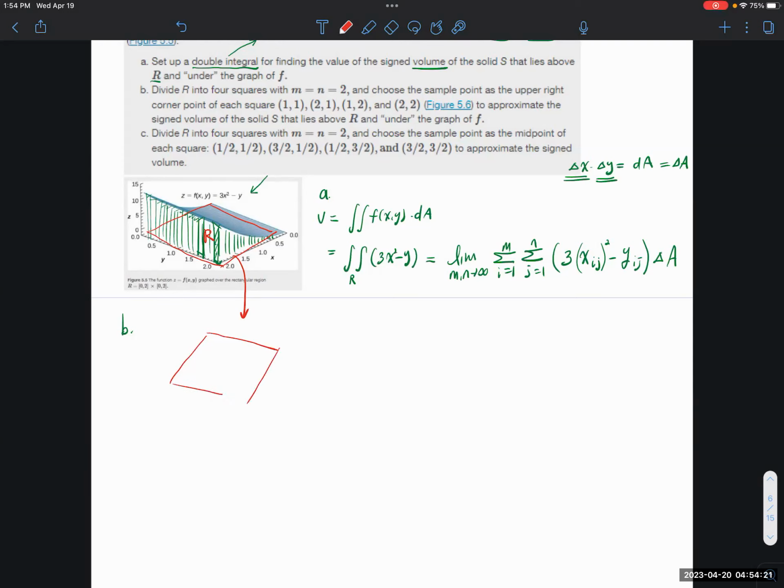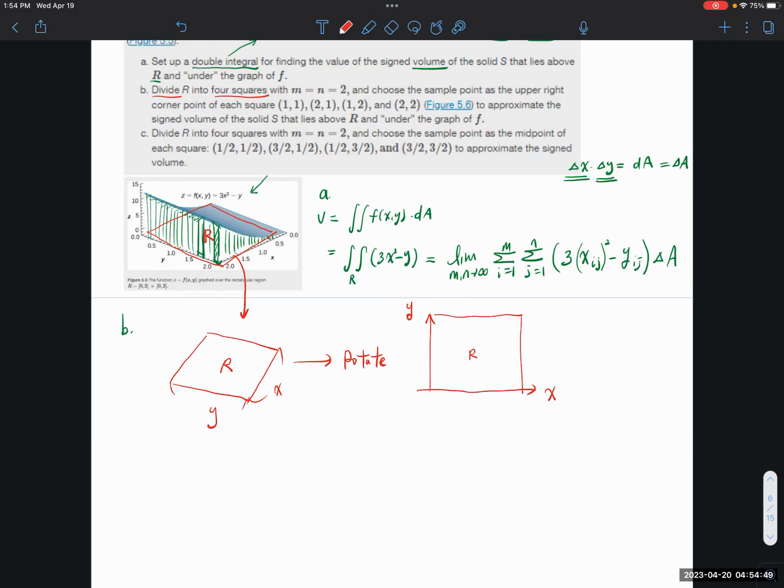So I'm going to just bring this one. This is the R in the bottom, and I'm going to rotate it because I want to make it simple. So one side corresponds to the x-axis, another side corresponds to y. So this is x, this is y. I just rotated it a little bit. So we have a region, something like here. They say divide this R into 4 squares.